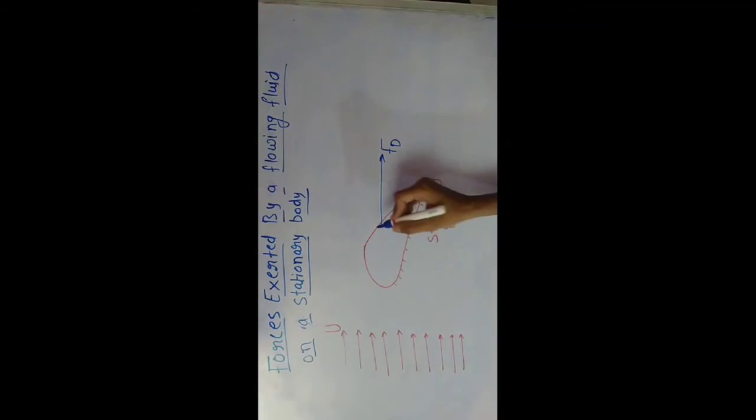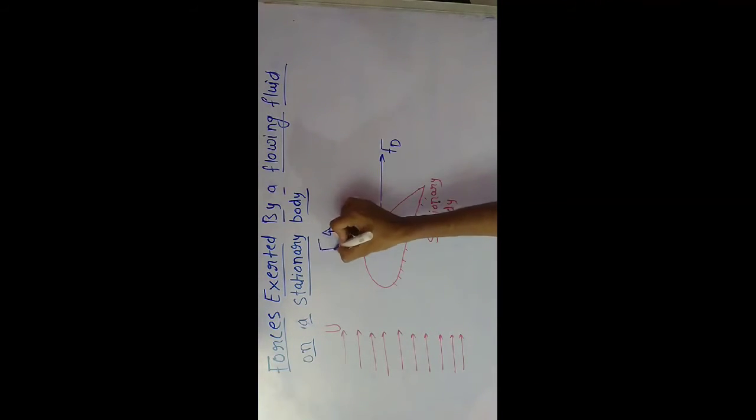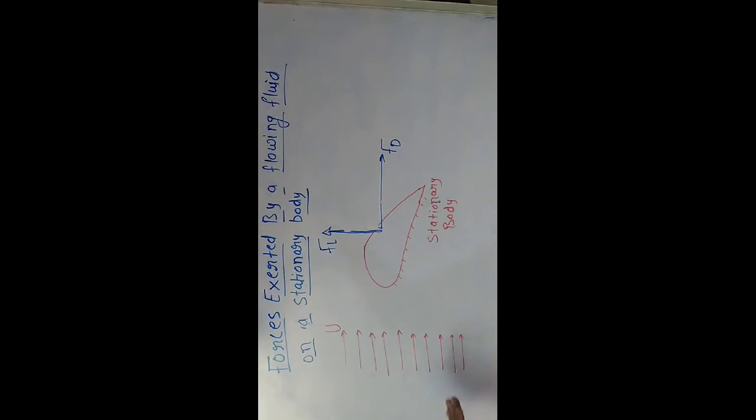Another component will resolve perpendicular to the direction of motion, and this is nothing but your lift force Fl, which is perpendicular to the direction of motion of the air. Along the direction of motion of the air, it is the drag force exerted due to this stationary body and the interaction of this high velocity air.